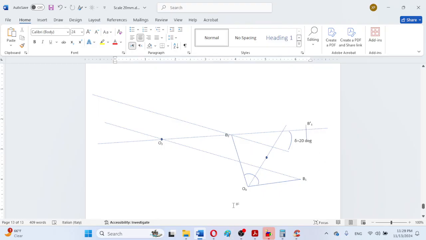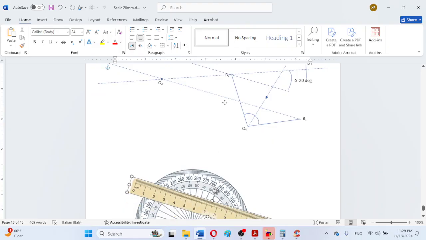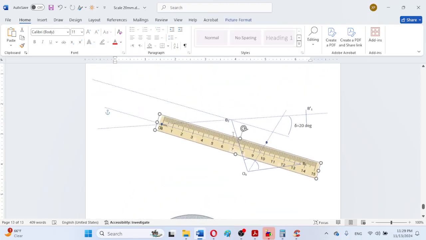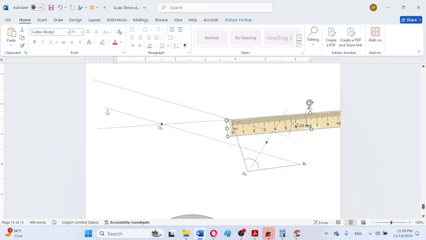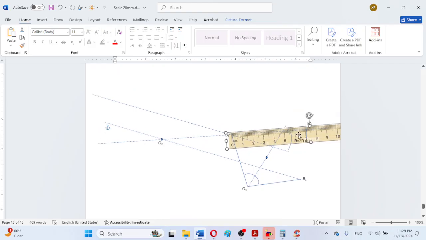So now, for example, measure its length using this linear scale very carefully.